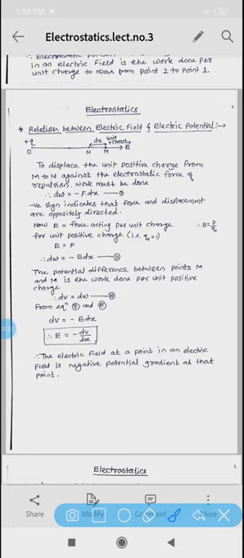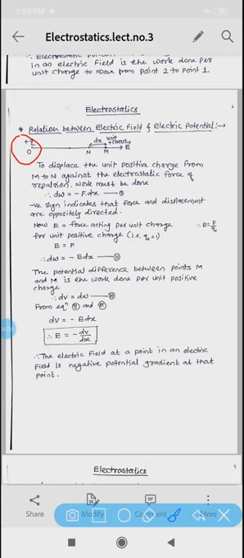Suppose O is the point where plus Q charge is given, and because of this charge the electric field is produced around the charge Q. So let M be any point where a unit positive charge is placed. Remember, this point M is present in the electric field produced by the charge plus Q.